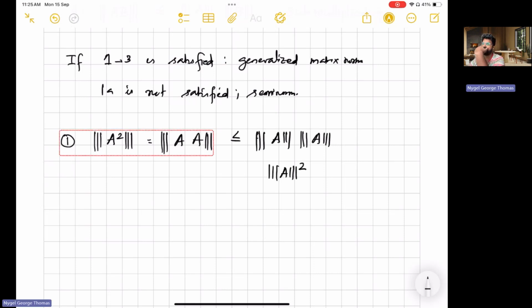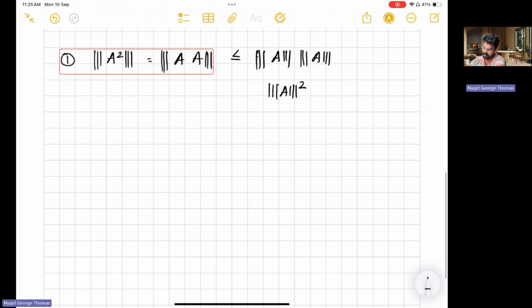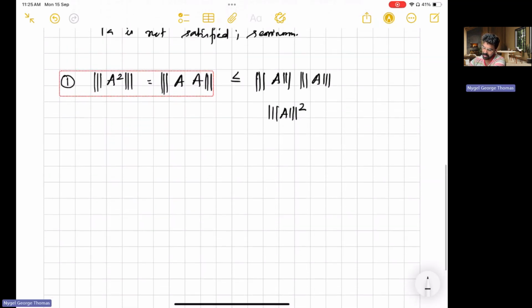So the norm of a matrix squared is always less than or equal to its individual norm whole squared.